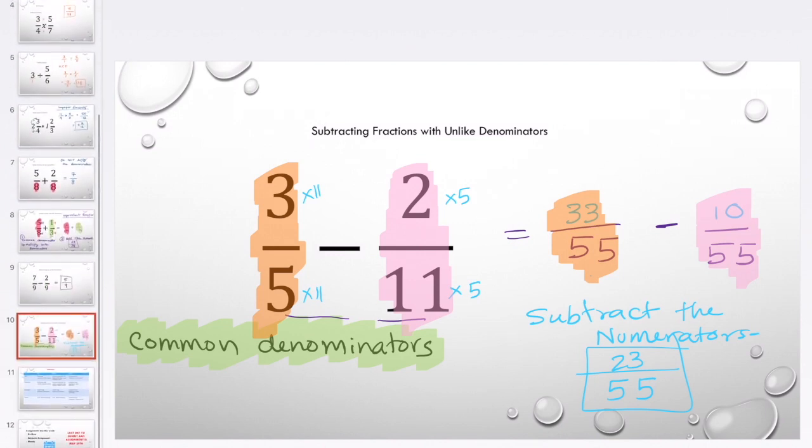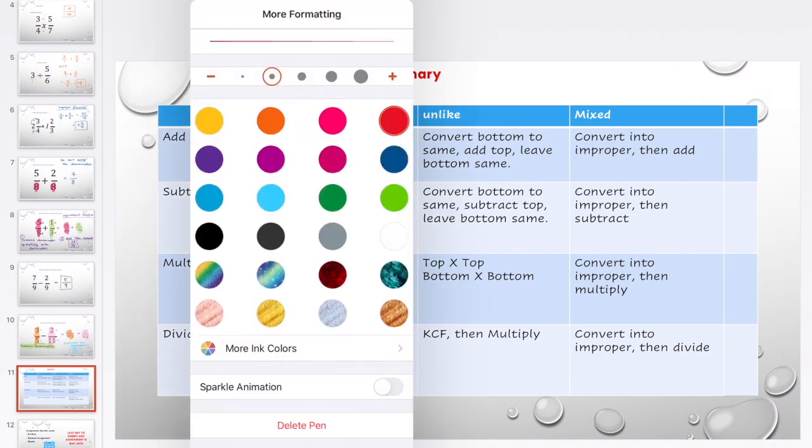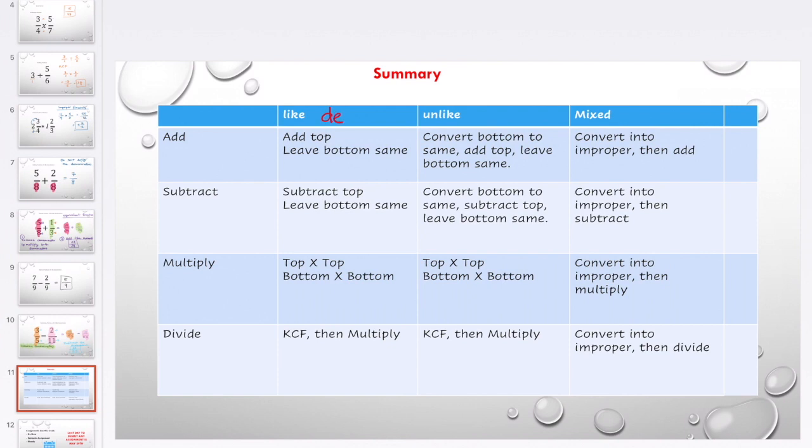Alright, let's get down to a summary. So this is the summary. If I have to add fractions, if the denominators are the same, like denominators, I'm going to add the word denominator here in a red color, like denominators. Add the top, leave the bottom. That's two things. Unlike denominators, convert the bottom into the same common denominator.